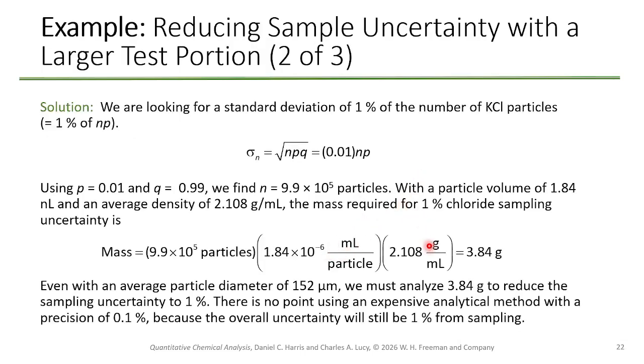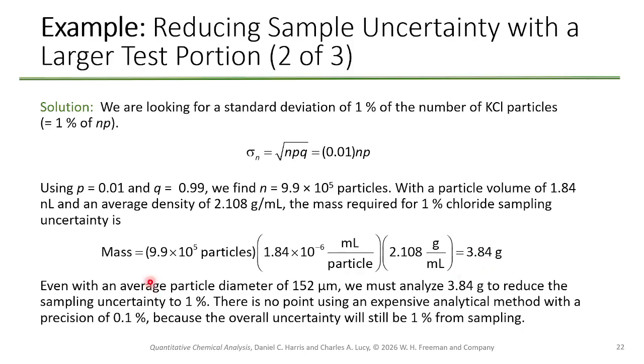We plug that in with the average density. That's a weighted average density, by the way, just like your grades are weighted averages. We multiply these three values together and see that we would need a 3.84 gram sample.